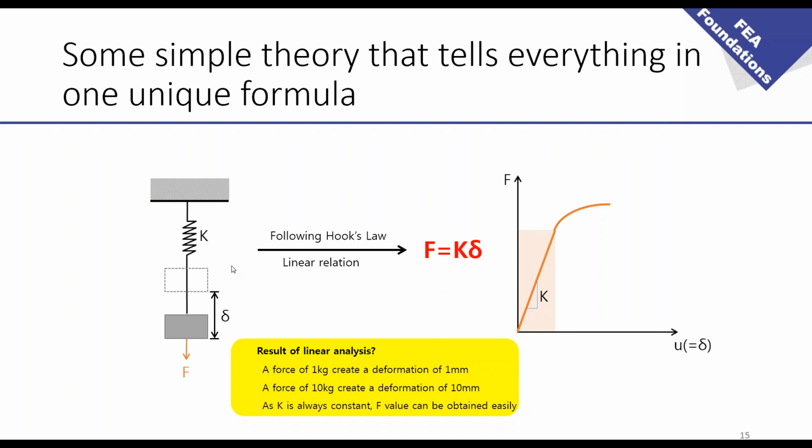It means that your model in linear static will react like a spring. When you apply a force of 1 kilogram and you have a deformation of 1 millimeter, it will be proportional. So if you have 10 kilograms, you increase the force, your displacement will be proportionally 10 millimeters. This is very important to understand.